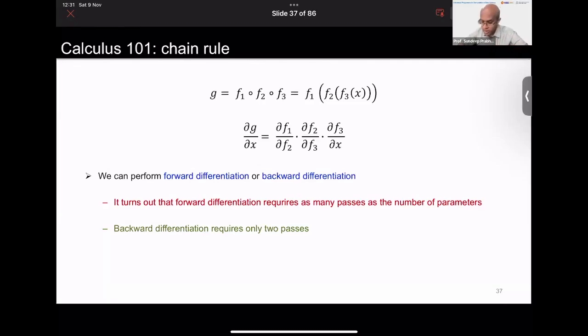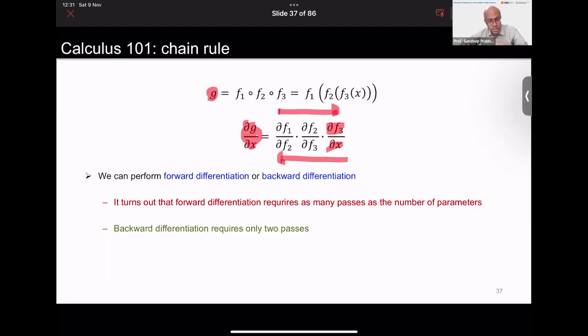Now, whenever we have a composition of functions, if you want to compute the gradient of the output, the loss function, with respect to some of the variables, then chain rule tells I can first compute the gradient with respect to the second function, as we see here, and finally the third function with respect to x. And also, what is interesting is, to compute this particular gradient, it doesn't matter if I compute this product in whichever direction, forward or backward direction.